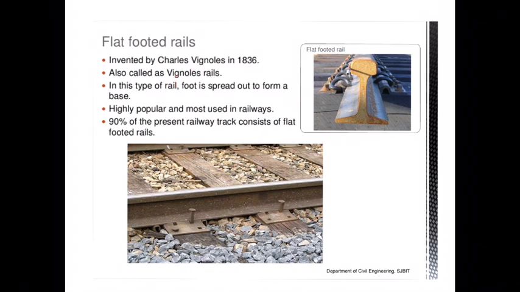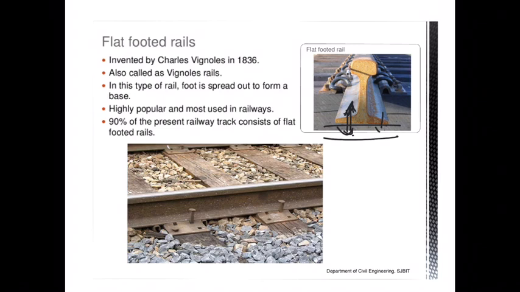Initially it was thought that the foot section is made flat so that the rail section can be fitted directly onto the sleepers without any fastening, without any chairs and keys.